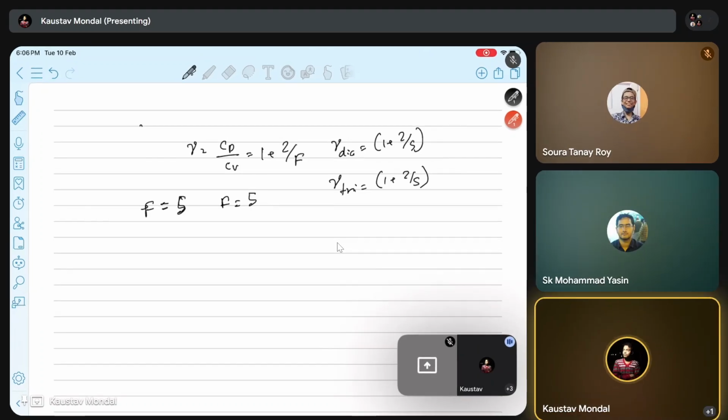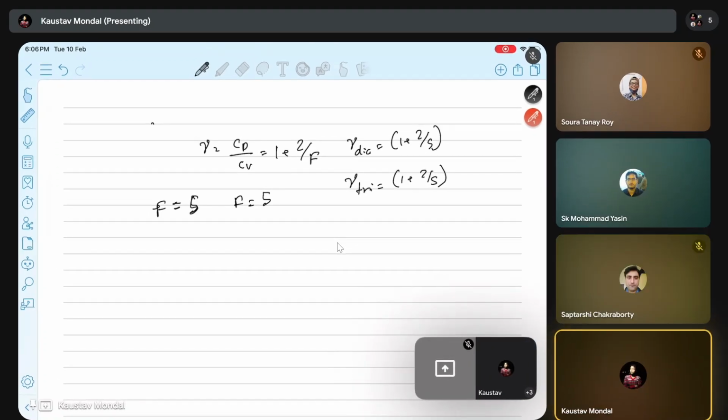Something is wrong, I guess. It should come 7 by 5, definitely. Diatomic should have 5 degrees of freedom, so 7 by 5.